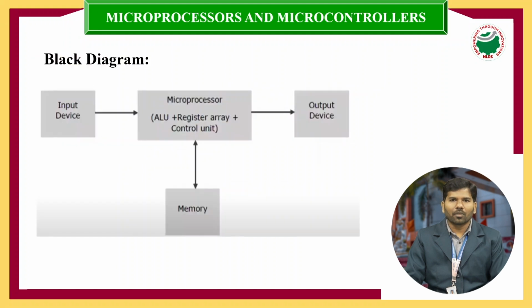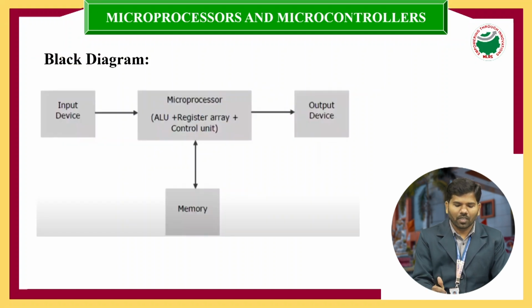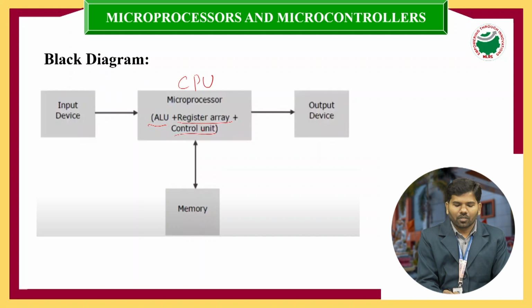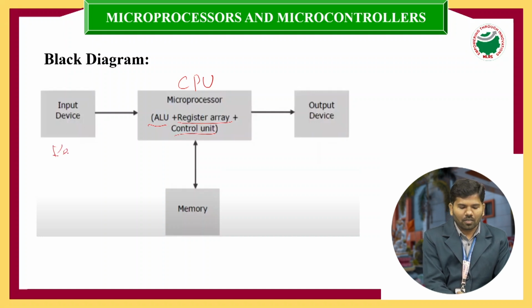So this is the block diagram of a general microprocessor. So your microprocessor is nothing but your CPU. So this is the CPU. Generally the CPU consists of ALU, an array of registers and control unit. For the input devices, generally we will use keyboard and mouse.